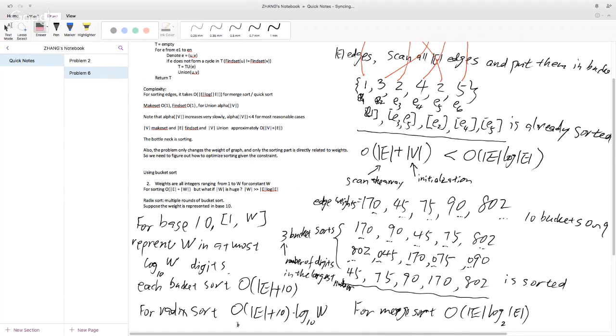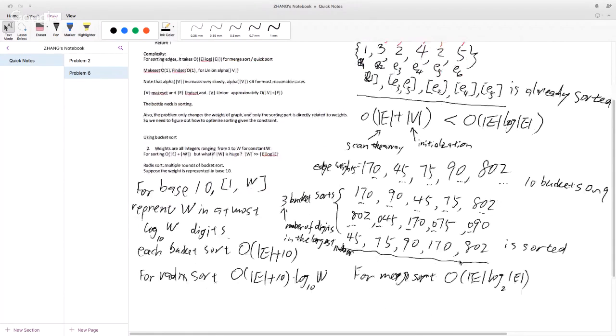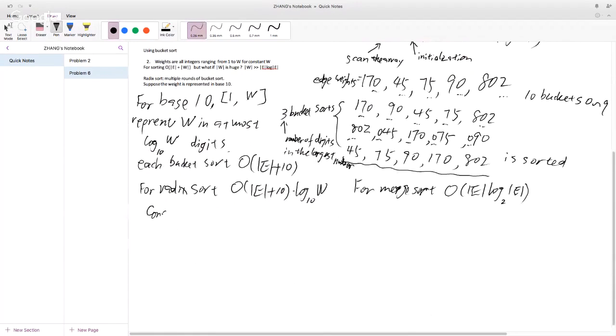So radix sort can be smaller than merge sort, even if W is bigger than E. Let's consider the case where W equals 1000 and E equals 20, or 33.